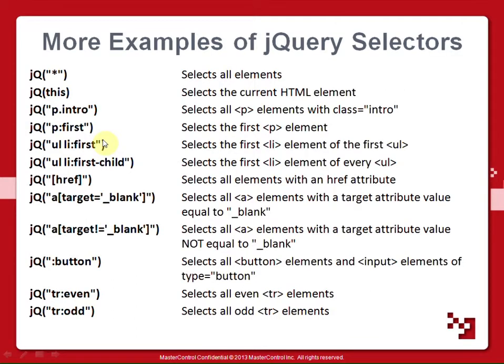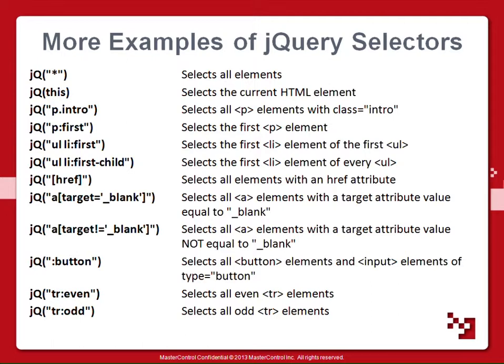Okay, more examples. Again, we don't have time to cover every possible option, but here's a list of some fairly common examples. jQuery star selects everything on your form. Use that judiciously. jQuery this selects the current HTML element. P.intro, so you can combine selectors.